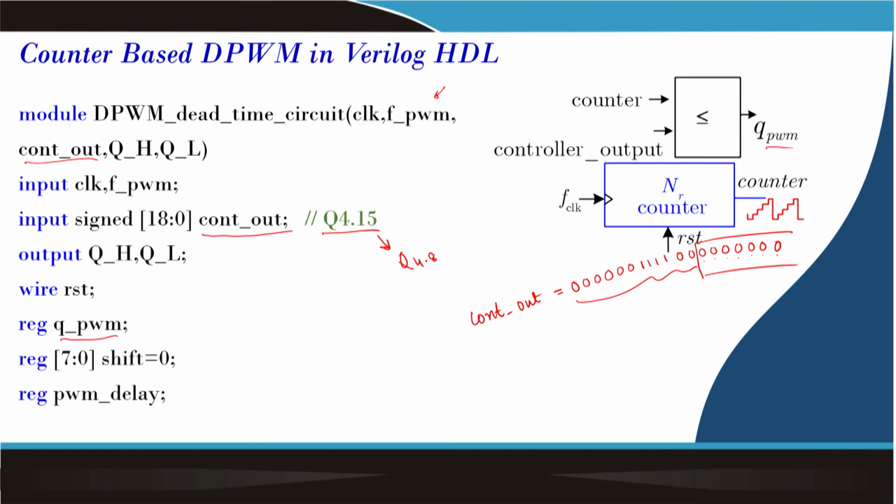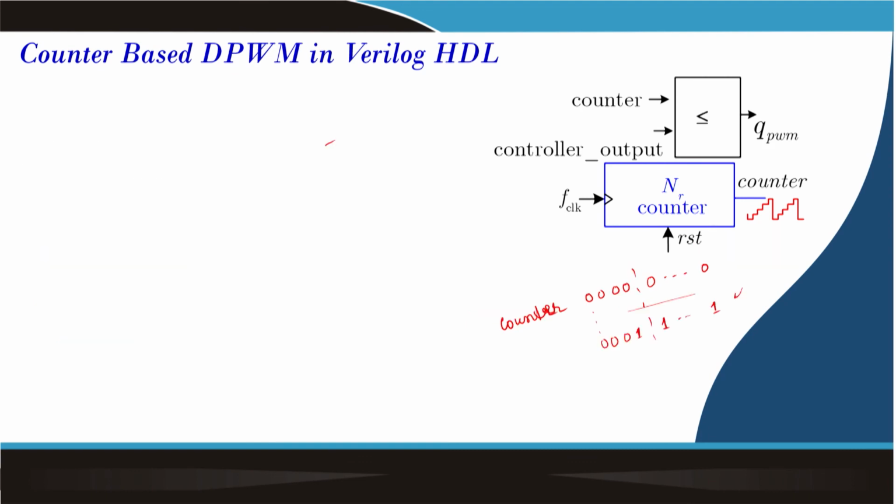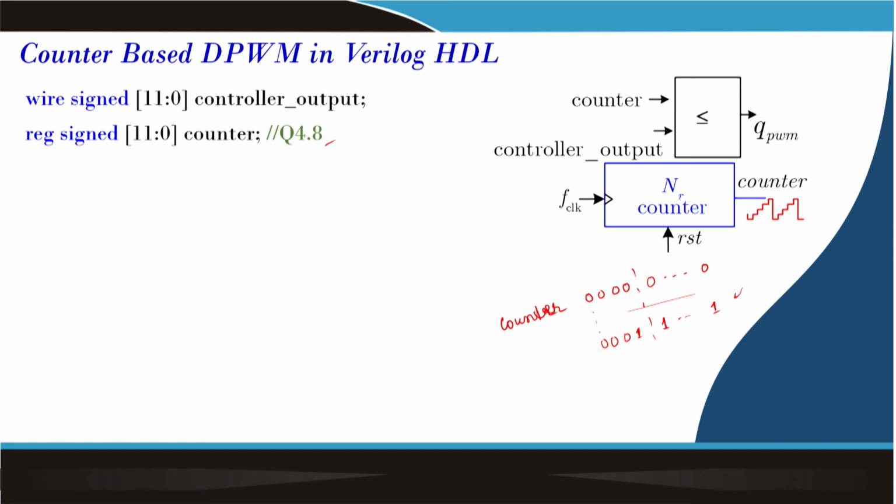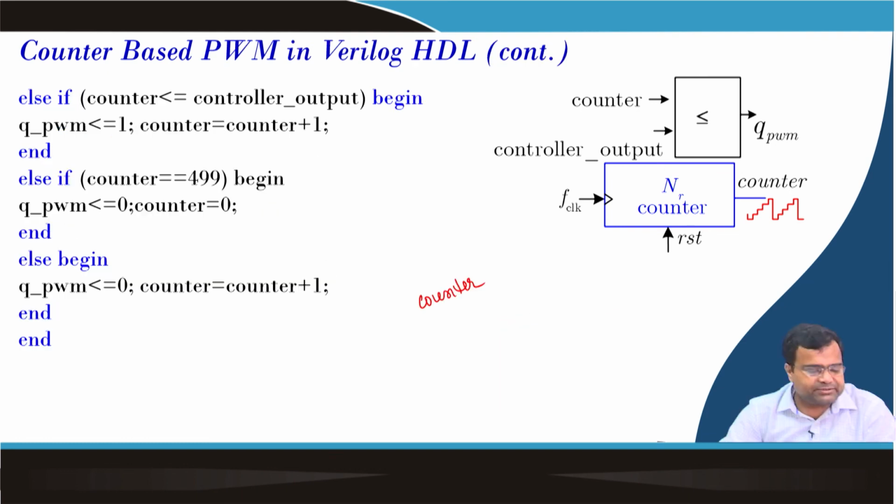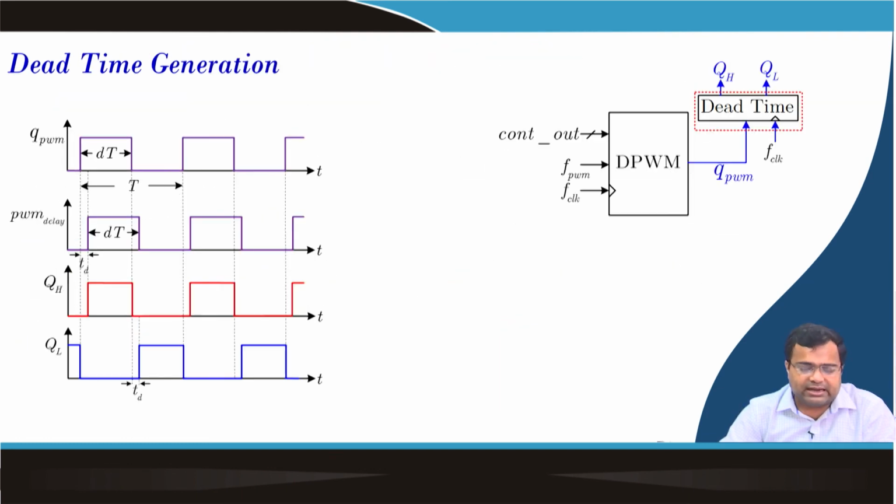So, in summary we have discussed this control output, the counter, and we have successfully validated our dead time circuit. We have discussed this code and how to check it, because this is the first step for doing Verilog. Slowly we are going to implement voltage mode and current mode control, and I will show you some more live demonstration of digital voltage mode control, but the overall code will be discussed in the subsequent class.